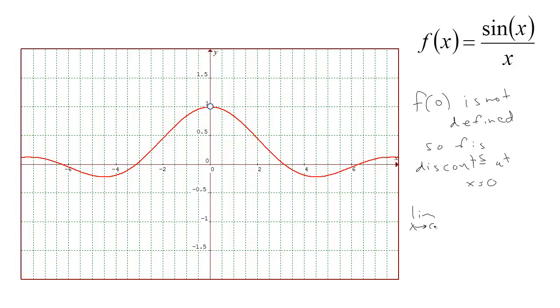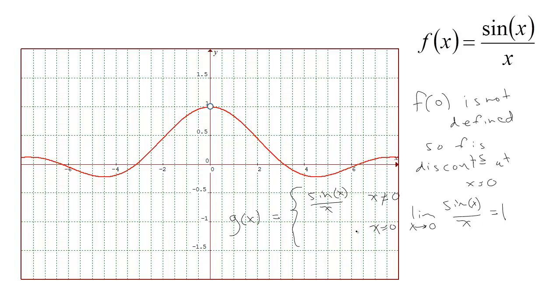So if we take the limit as x tends to 0, we've seen several times that that limit is 1. So we could fix this function up pretty quickly. All we'd have to do is give this function a good value at 0. So if x isn't 0, we'll continue to use the old function.